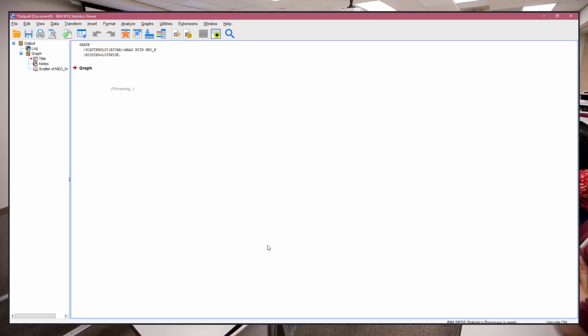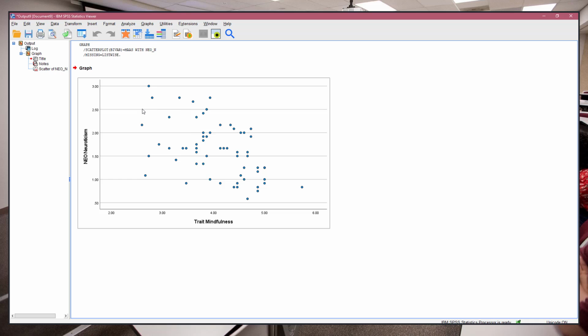We click OK, and we can see, yeah, it does look like you could draw a line. It looks like it's going to be an inverse relationship, or a negative correlation, meaning that as trait mindfulness increases, people tend to demonstrate lower levels of neuroticism. That sounds healthy.